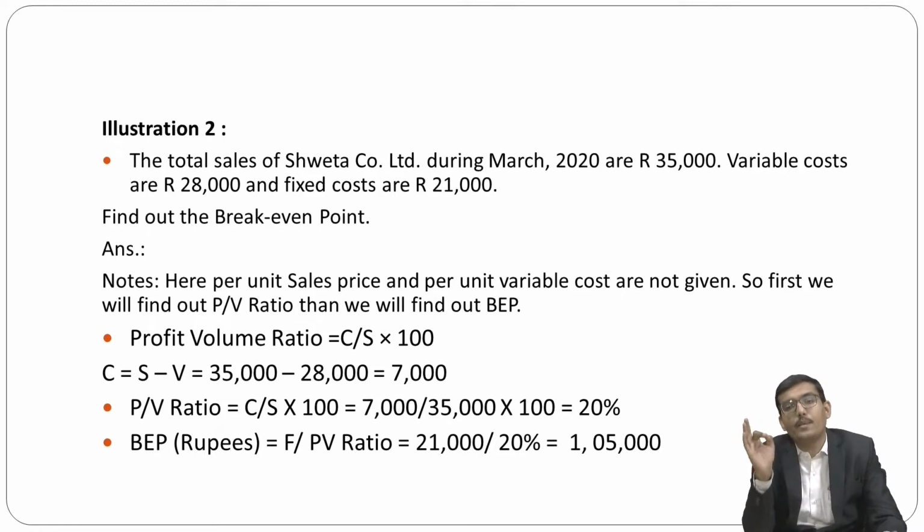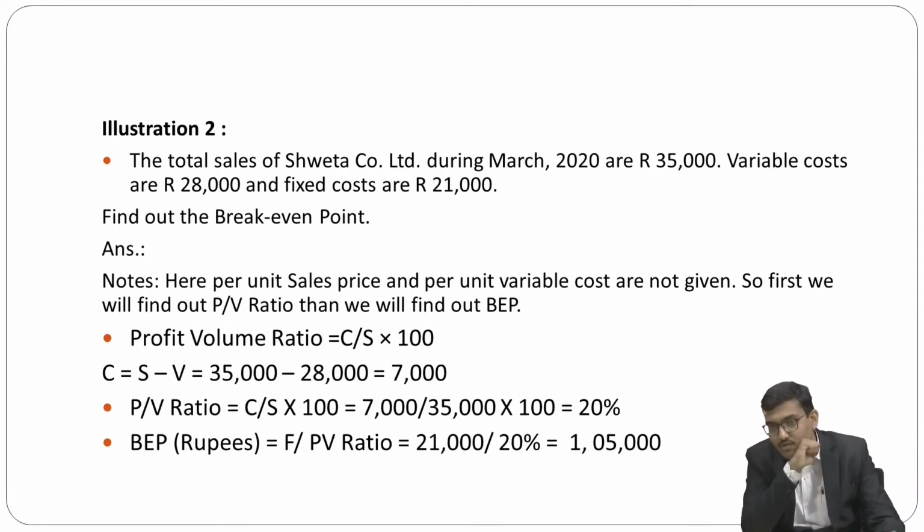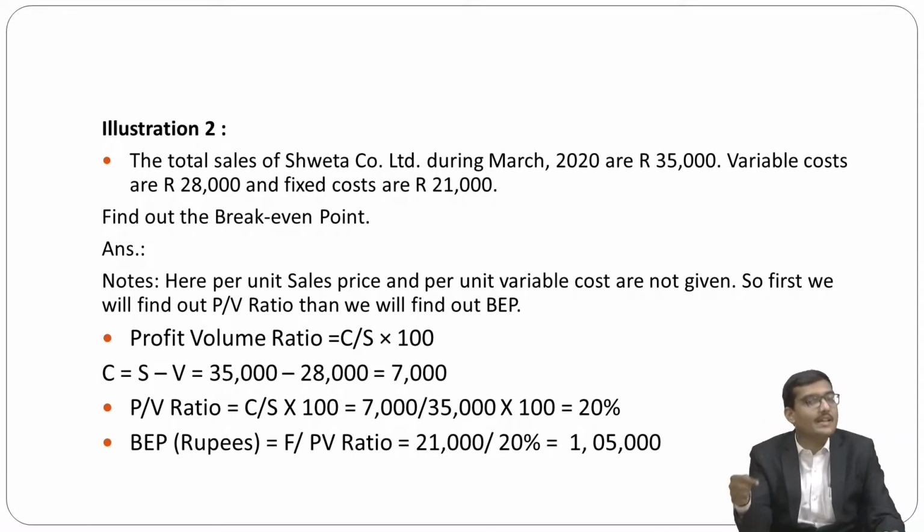Here contribution is equal to sales minus variable cost, which is 7,000, divided by sales. Sales is equal to 35,000. So 7,000 divided by 35,000 multiplied by 100, then you will get 20%, my dear friend, which is your PV ratio.